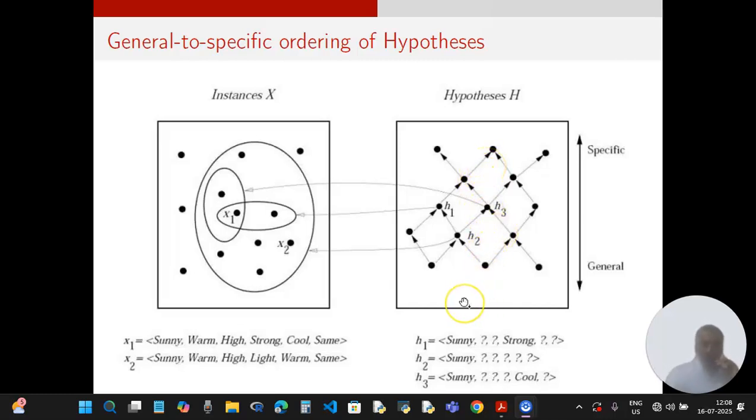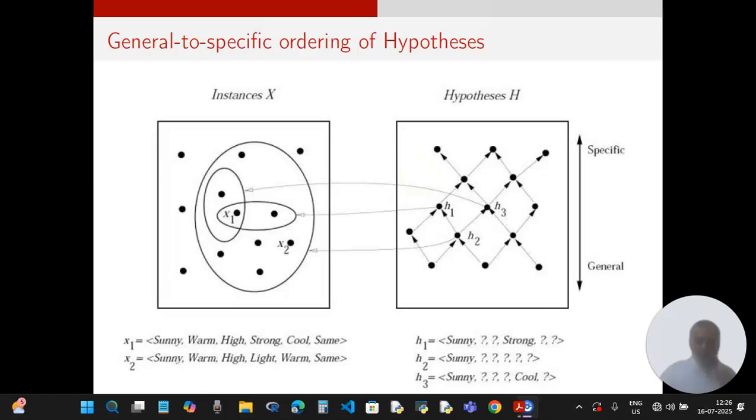At the bottom of this we will be having all question marks, that is the most general hypothesis which covers all the training examples, and at the top we will be having all ∅, that is the most specific hypothesis which covers no example. This forms a lattice, and the properties of the lattice we will be using in the Find-S algorithm.